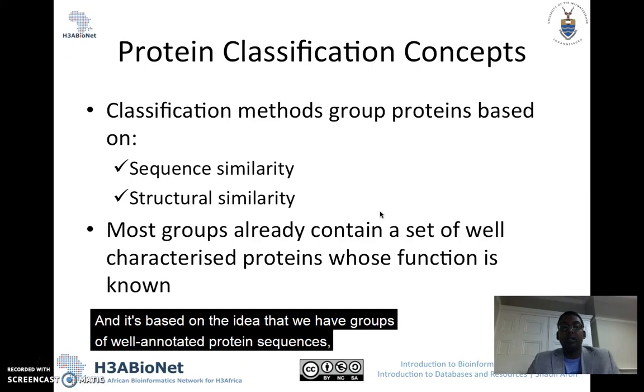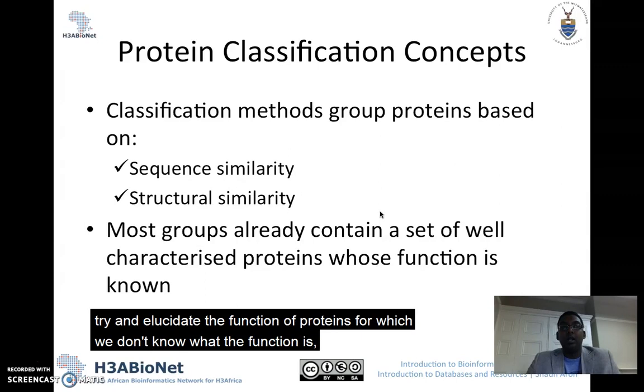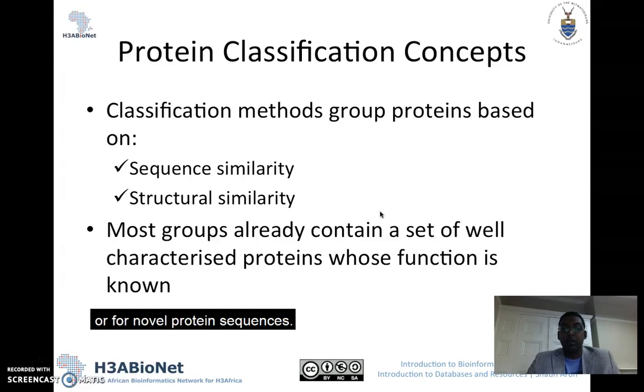It's based on the idea that we already have groups of well annotated protein sequences of which the function is known. And we can use that information to try and elucidate the function of proteins for which we don't know what the function is, or for novel protein sequences.